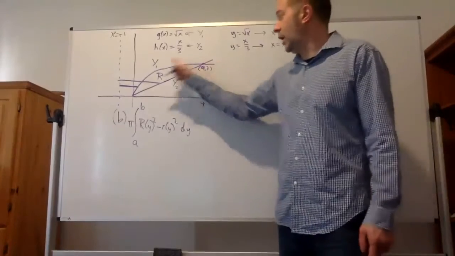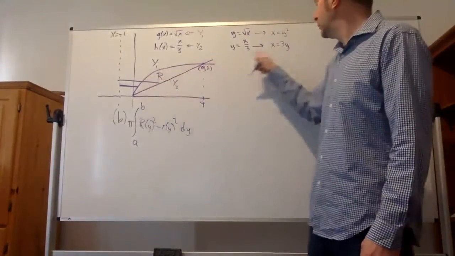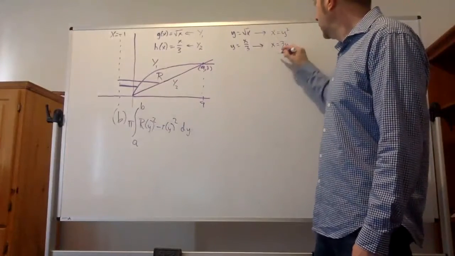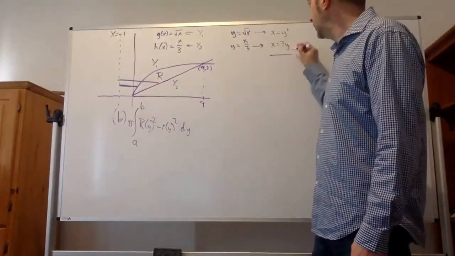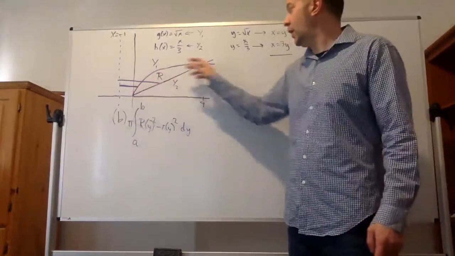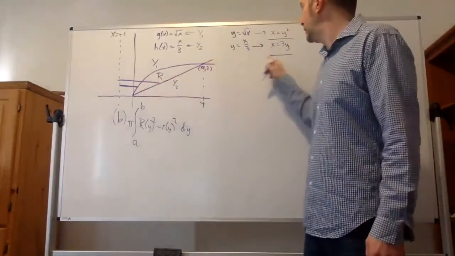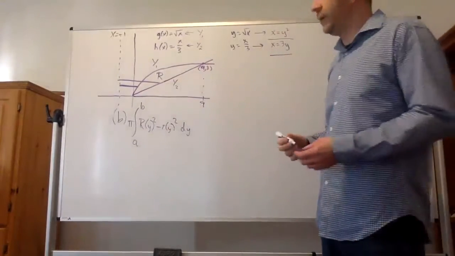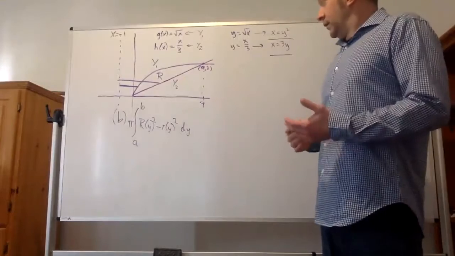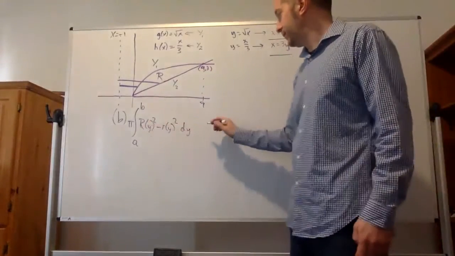So the curve we called y1 before is now x equals y squared, and the straight line is x equals 3y. Now I want to figure out how to write big R and little r.